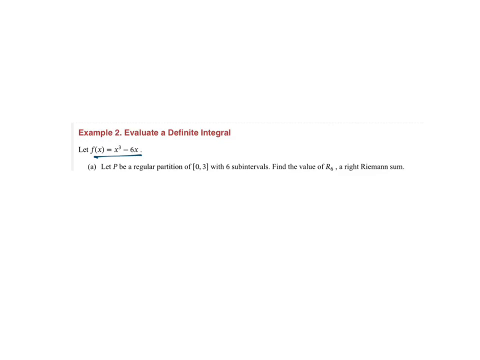Regular partition means equal width, on 0 to 3 with 6 subintervals. What does that mean in English? 6 rectangles on the interval from 0 to 3. So what's my delta x going to be?